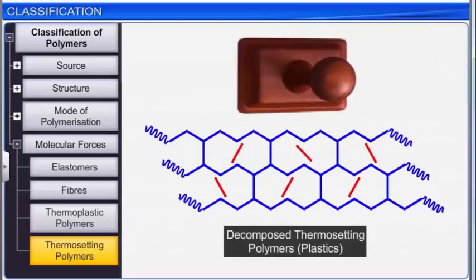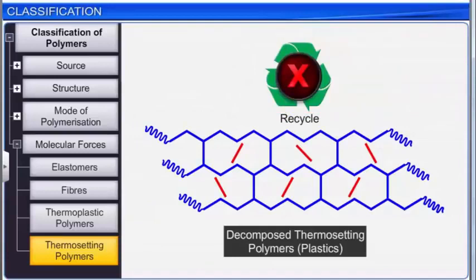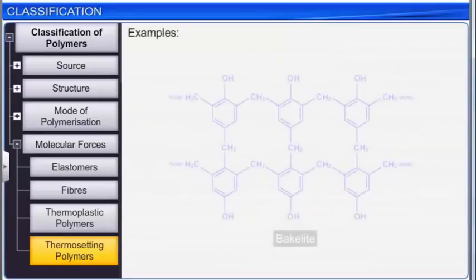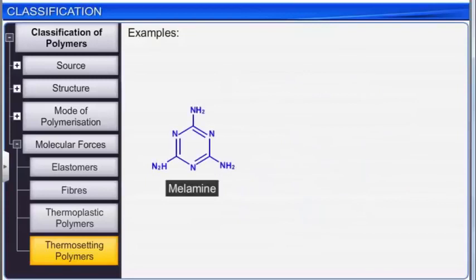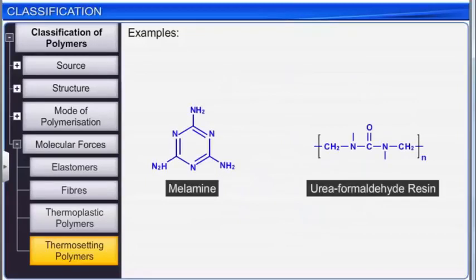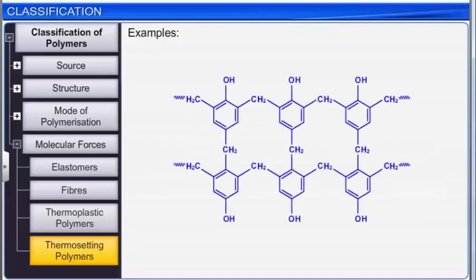Note that these plastics cannot be recycled or used again. Examples of thermosetting polymers are bakelite, melamine, and urea formaldehyde resin. Notice the extensive cross-linking shown in the structure of the bakelite resin.